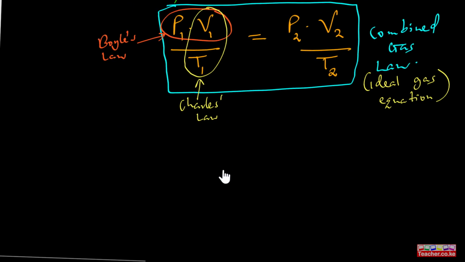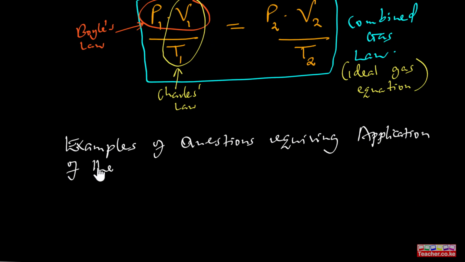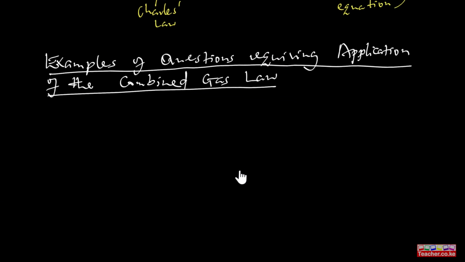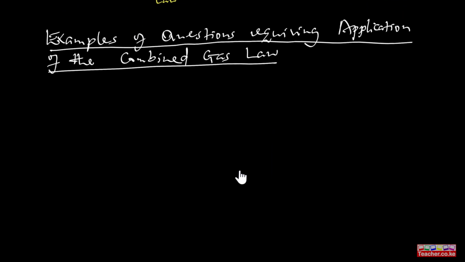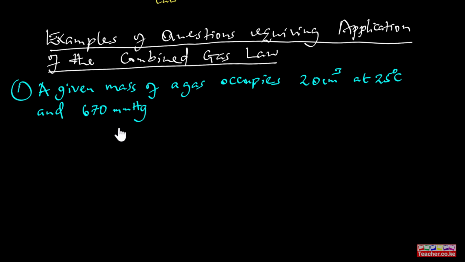Let's now have some examples to help us see how we can apply the combined gas law to solve some numerical problems. A given mass of a gas occupies 20 cubic centimeters at 25 degrees Celsius and 670 millimeters of mercury pressure.